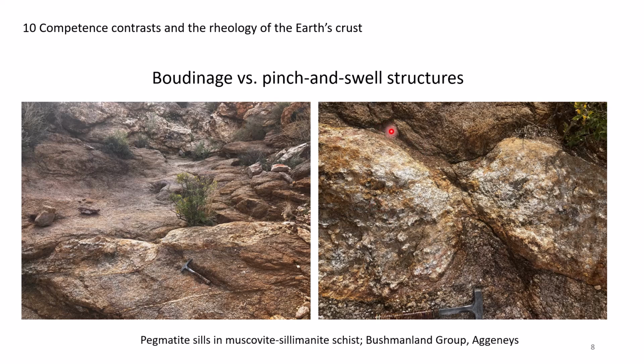We also see that here from the top. Also here, plastic flow allowed the muscovite sillimanite schist to fill the space between these two pegmatite bodies that are just about to disrupt. So technically this is still a pinch and swell structure because the bodies are still connected by a thin bridge of pegmatite.